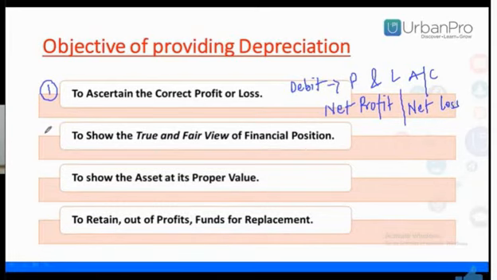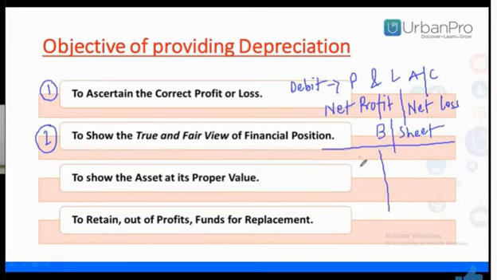Second reason is to show the true and fair view of financial position. We also account for depreciation in the balance sheet. In the balance sheet, we deduct the amount of depreciation from the asset. On the asset side we have, for example, building.